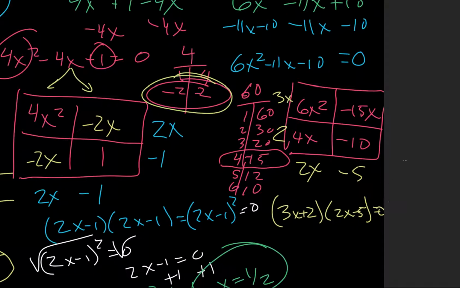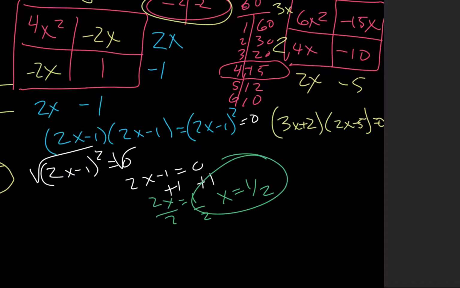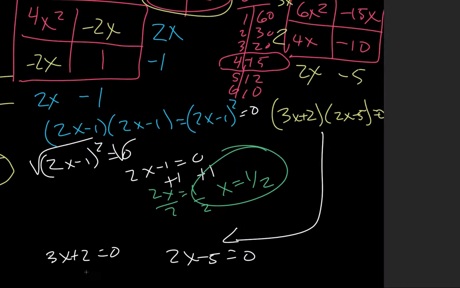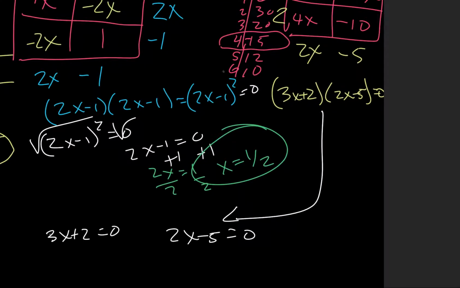Equals 0. And because of the zero product property, I can take both of those individually. And I'm going to bring them down here. So I get 3x plus 2 equals 0, as well as 2x minus 5 equals 0. And then I just need to do the algebra on those.